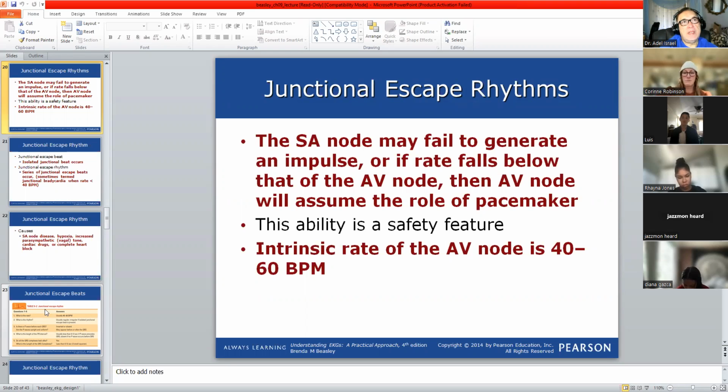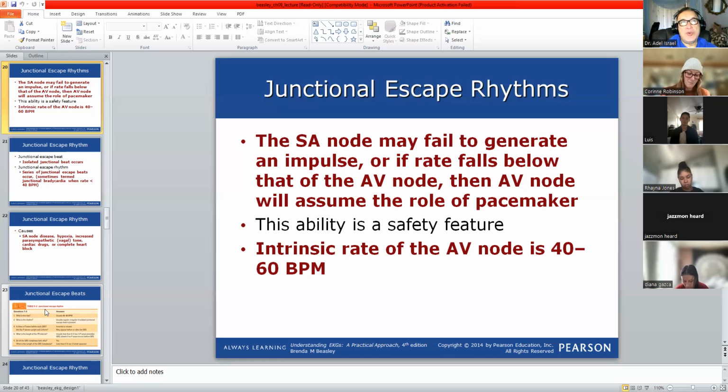But here, let us go with this term: junctional escape rhythm. What does this mean? What is the escape? The SA node fails to generate an impulse. This is the meaning of the word escape. So it is not the escape of the junctional, but the escape of the SA node. The SA node is not doing the job. So at this time, all the beats come with the character of the junctional.